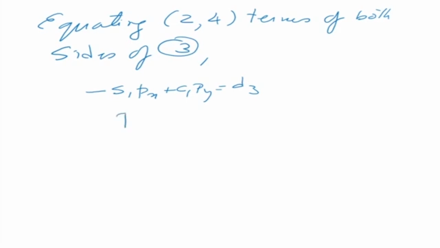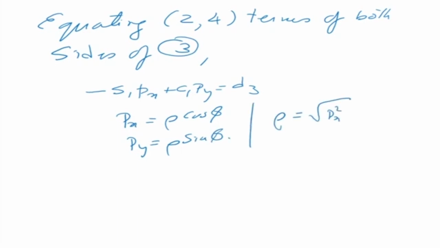So from here we can make the substitution. Px is equal to rho times cos phi, and py is equal to rho times sine phi, where rho is equal to root over px squared plus py squared, and phi is equal to a tan 2 of px py. Now if you make the substitution, we can solve and get theta 1.